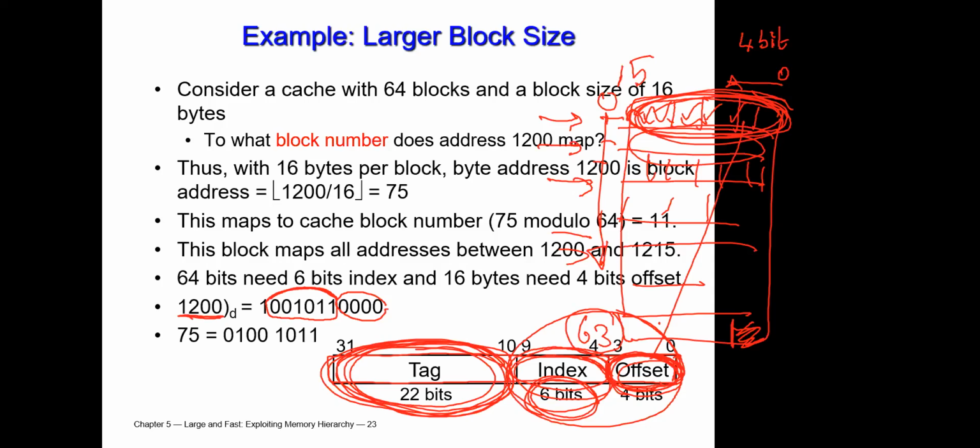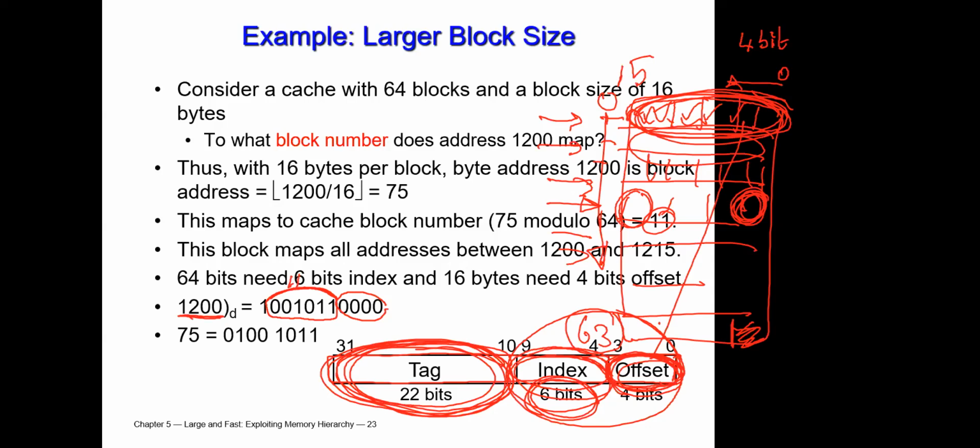11. That number is 11. So I'm telling you that you are actually in block number 11, byte number 0. But this also gives you another important piece of information: in block number 11, I have from byte 0 all the way to byte 15, correct?